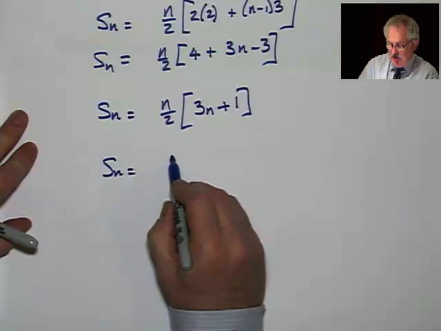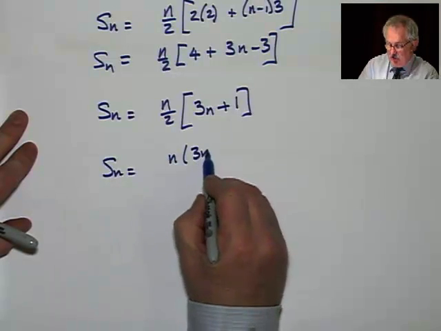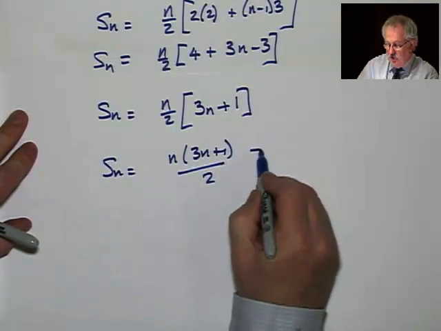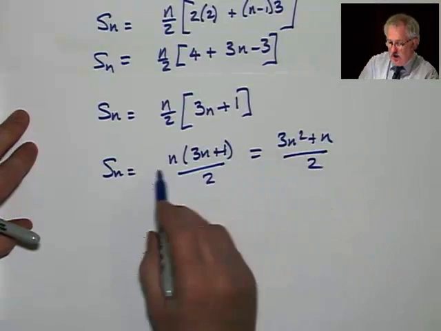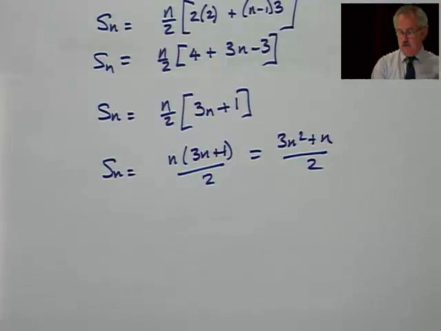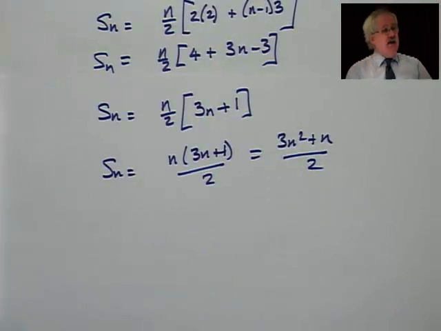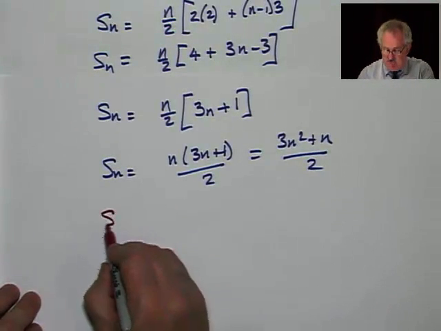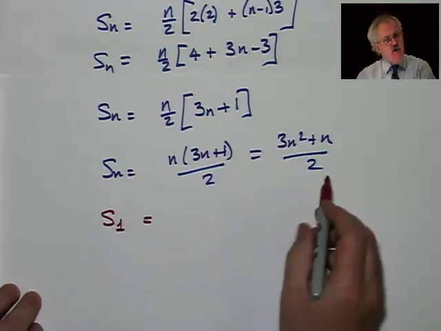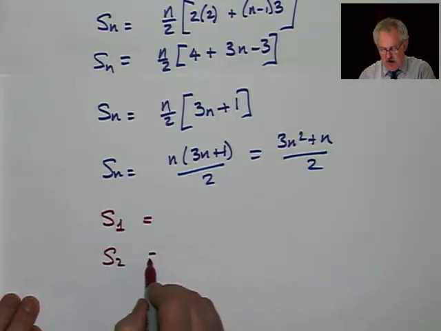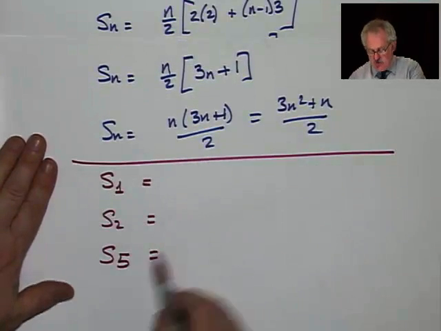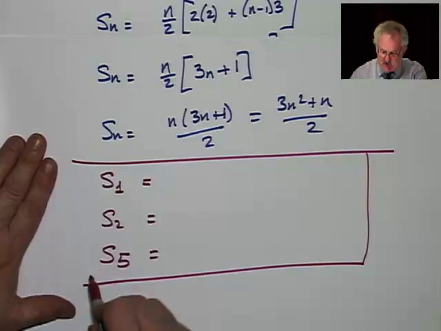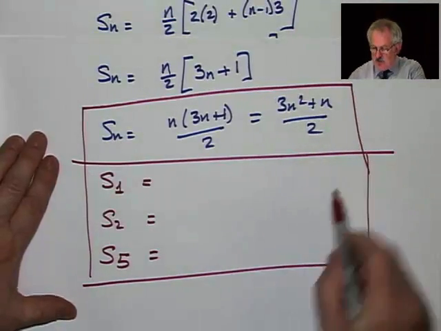Sn is equal to n times 3n plus 1 over 2, or if we wanted, 3n squared plus n over 2, if we multiplied the n in. We still have an n in it, but that says that if I said S1, I could work it out, S2, I could work it out, and S5. So I invite you now to plug in the values for S1, 2, and 3 into that equation there.